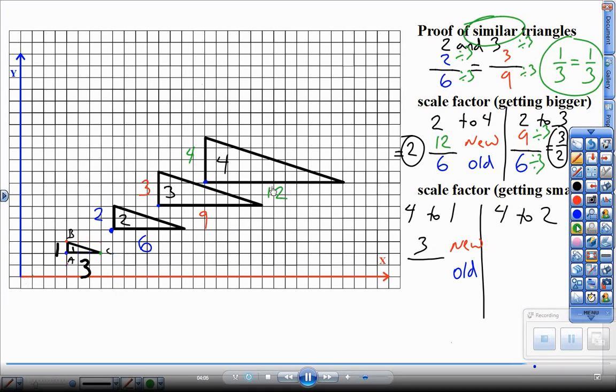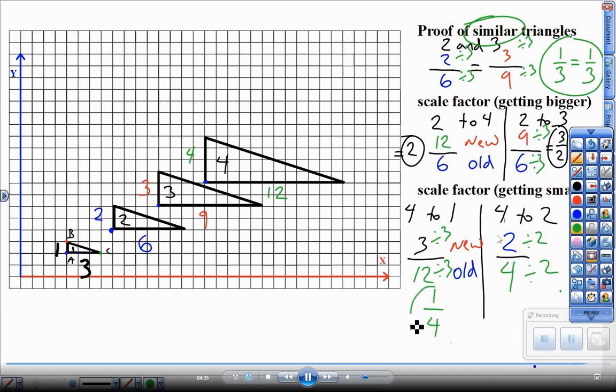So 3 on top, and then the 12 on the bottom. 3 is the new length. 12 is what it used to be. 3 over 12. That reduces down, when I divide top and bottom by 3, into 1/4. And that makes sense, because these multiply by 1/4 which is the same as dividing by 4, gives me 3. 4 times a fourth, which is the same as dividing by 4, gives me 1.